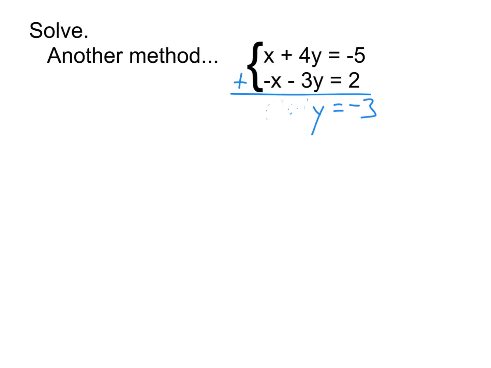So now that I found y, how do I find x? Same way as before. Plug it in. And again, you can plug into either one of the original equations. I think the first one maybe looks a little bit simpler here, so I'm going to plug it into that. So x plus 4 times the negative 3 equals negative 5, and then we're going to work that out.